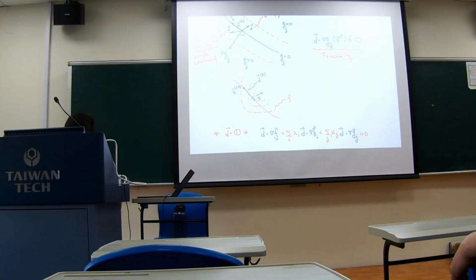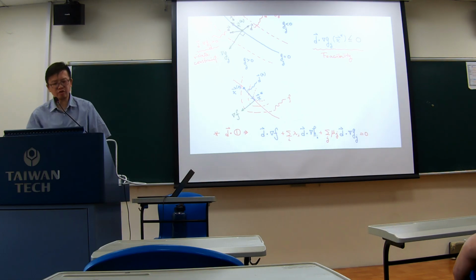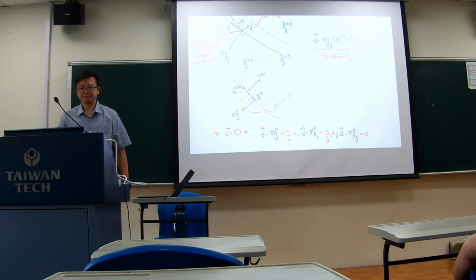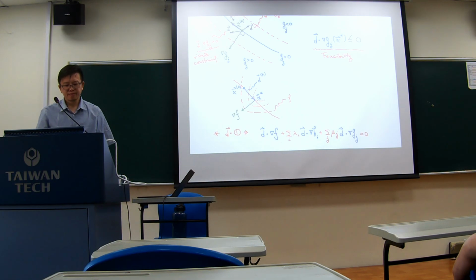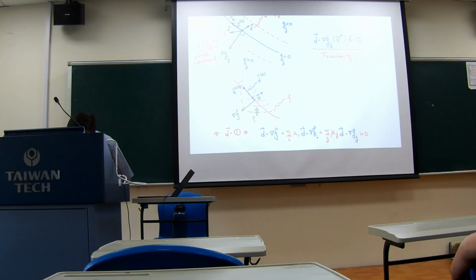Your gradient of f would be perpendicular to your contour of f. Gradient f is perpendicular to your contour of f. So this is the direction of f equals constant.